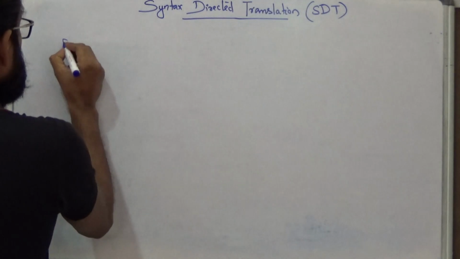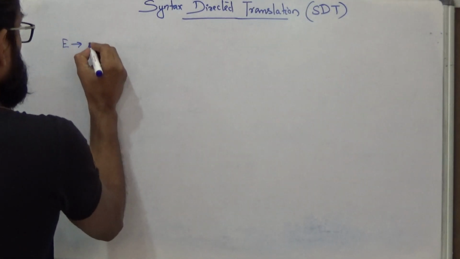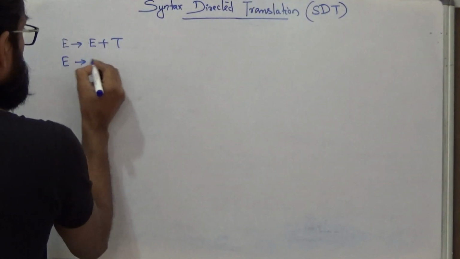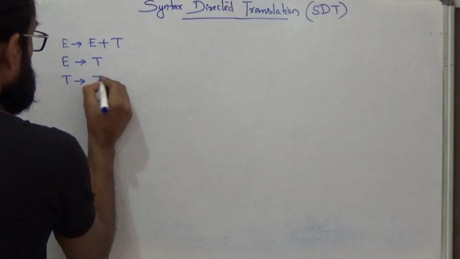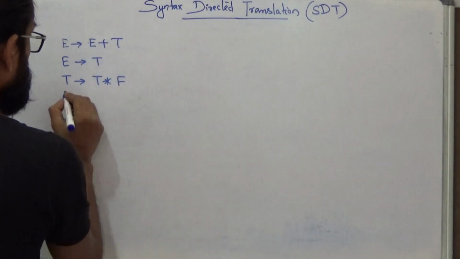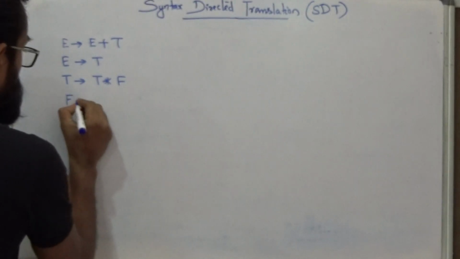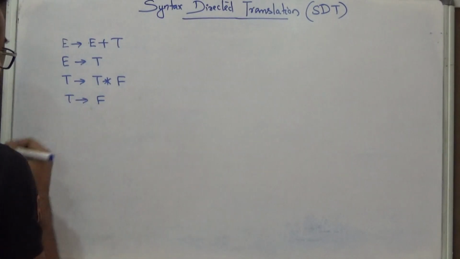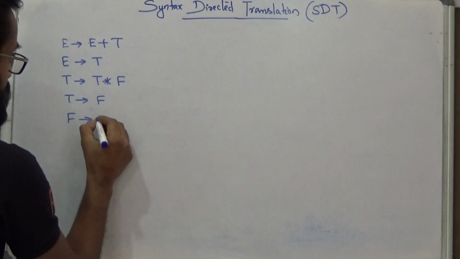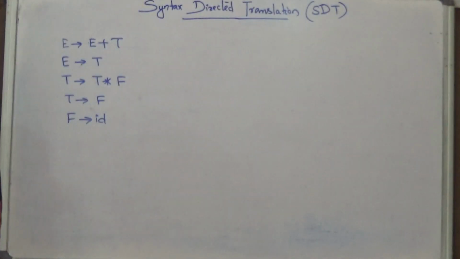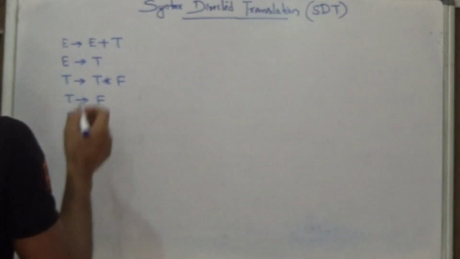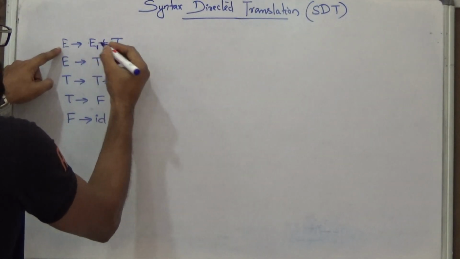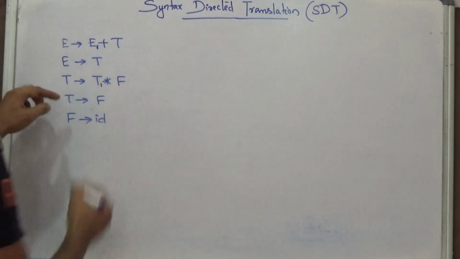So let it be E giving E plus T, or E giving T, T giving T star F, or T giving F, F giving id. In order to differentiate the variables on the left and right hand side, you can use this subscript notation. So T giving T1 into F.